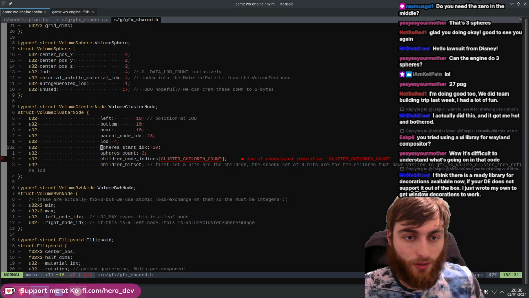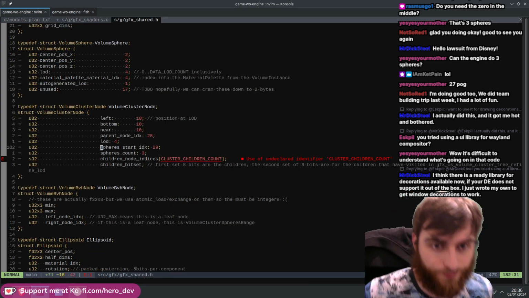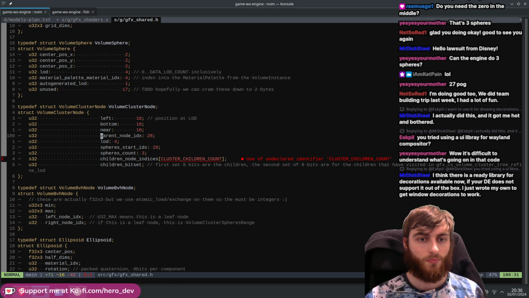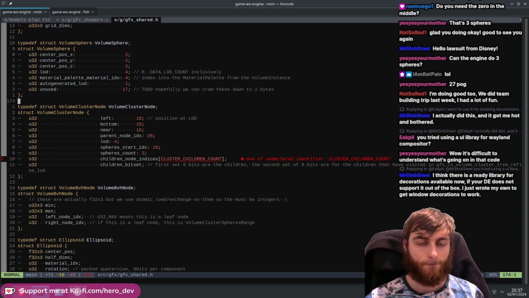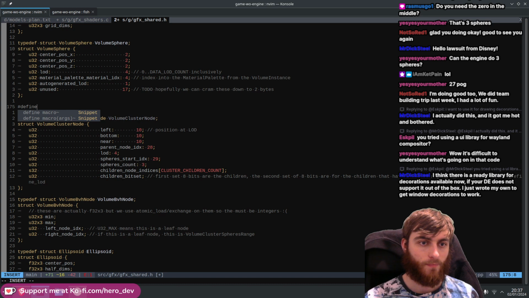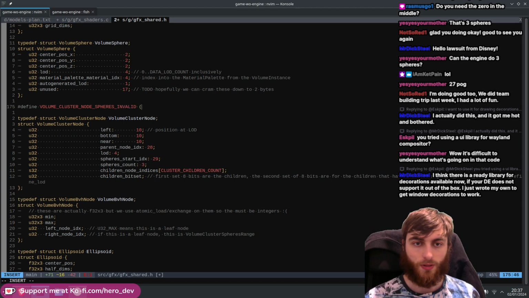So we need to get 29 bits turned on. Define volume cluster node spheres invalid. That'll just be one shift left, 28, sorry, 30 take one, right? Oh wait, it's 20.